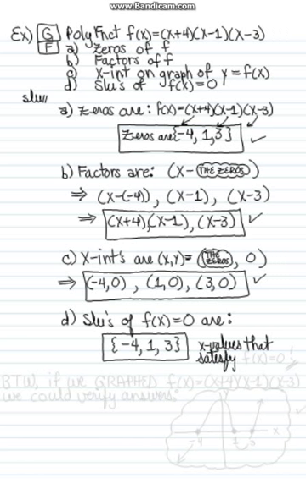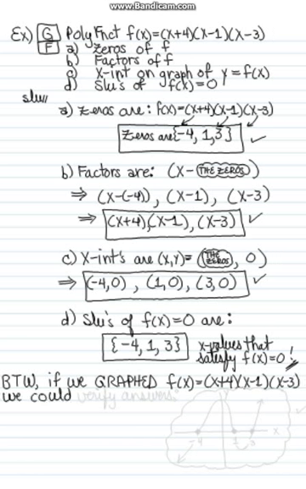And by the way, I want to add that we could use information from this problem to do the graph. If we graphed the polynomial f(x) = (x + 4)(x - 1)(x - 3), we could verify the roots.